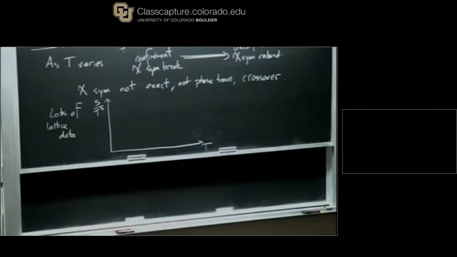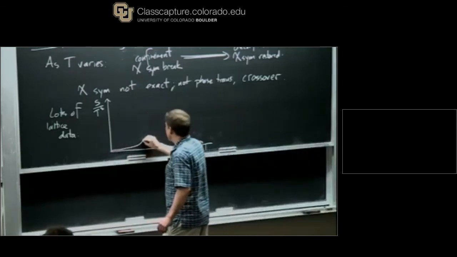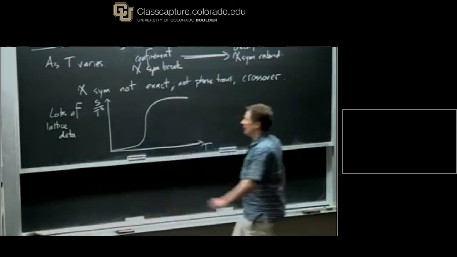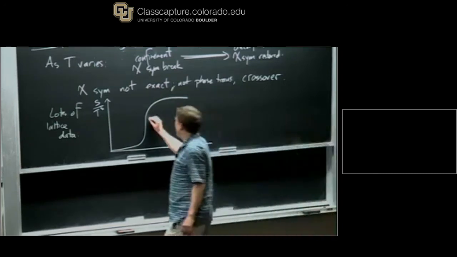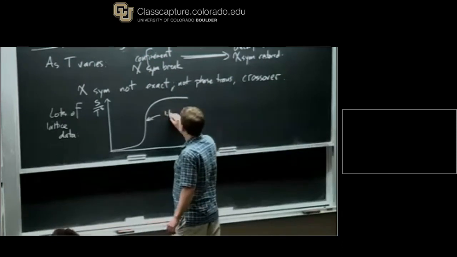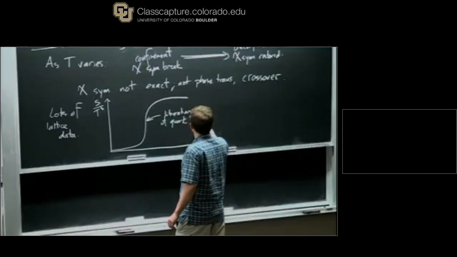If you calculate this on the lattice, you find that it's pretty low, and then suddenly it gets much bigger, and then it levels off. This is just a qualitative sketch. But the idea here is that at this crossover, you're seeing the liberation of quark degrees of freedom and gluon degrees of freedom.